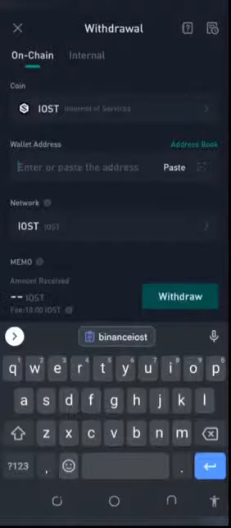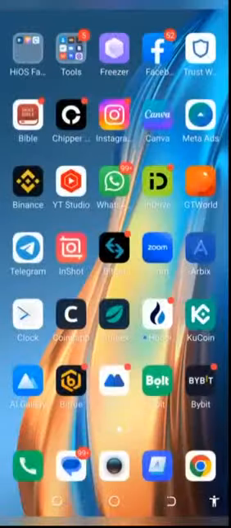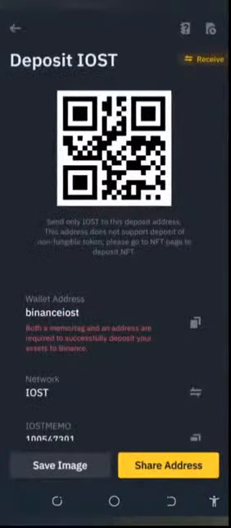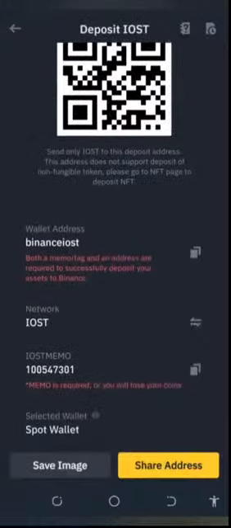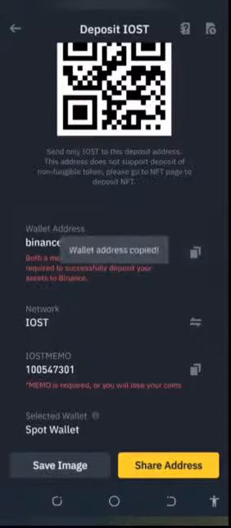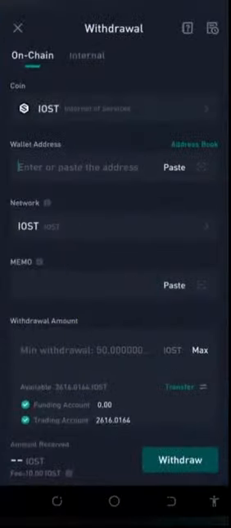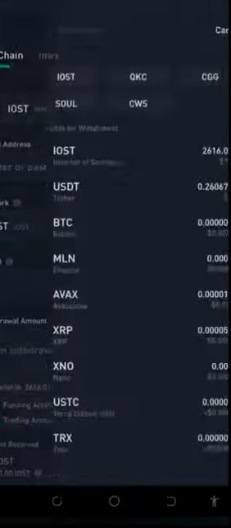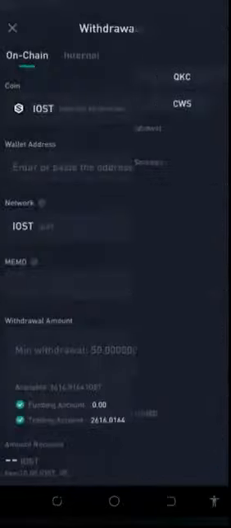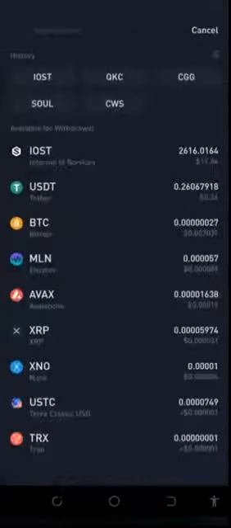Let's go back and copy the right thing. Wallet address. It says Binance IOST. That's interesting. I think I still copied the right thing. I don't know why it's looking like that. I think it was just looking funny to me. Of course, if it was wrong, it wouldn't allow me to paste it.